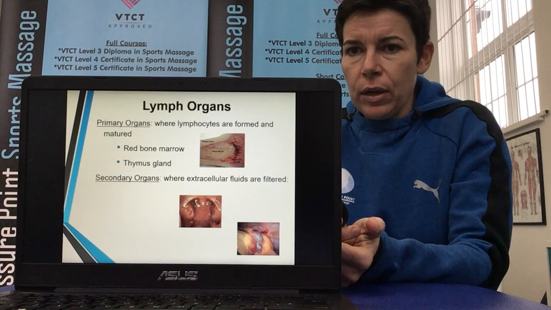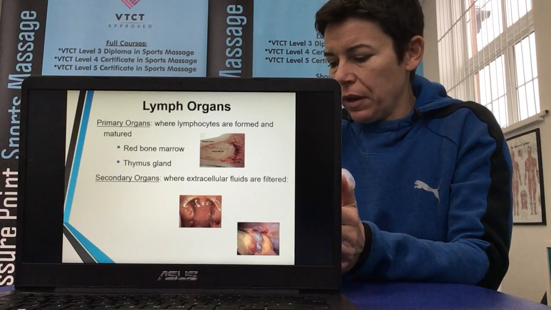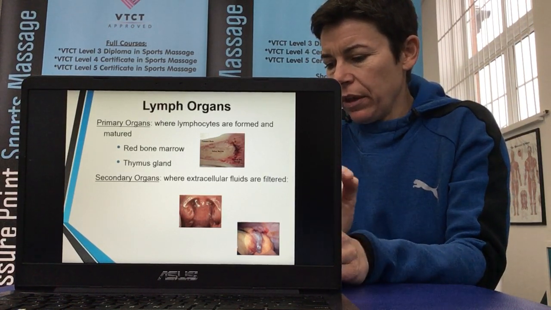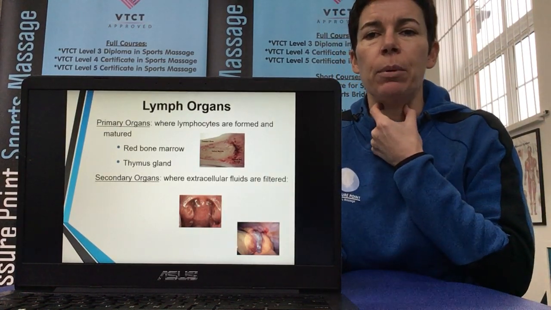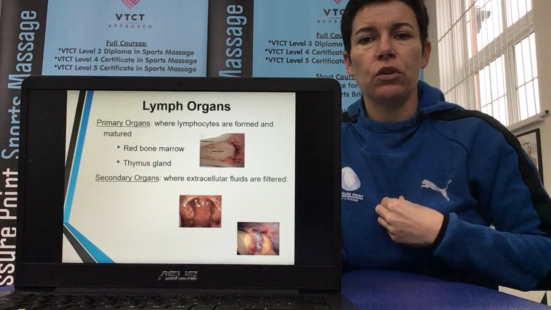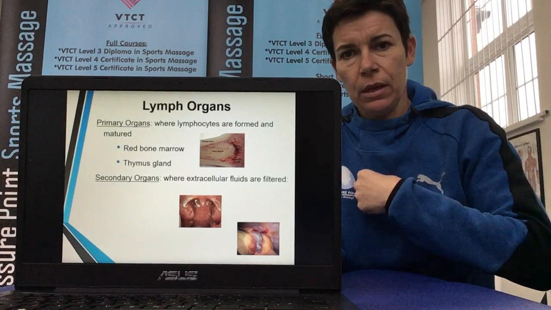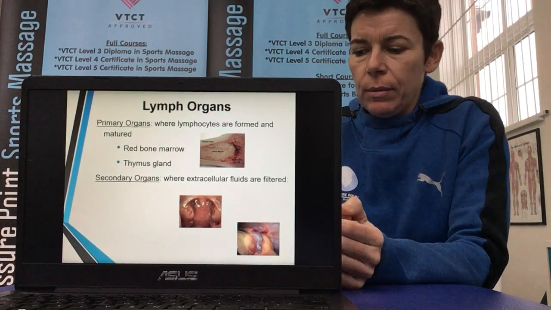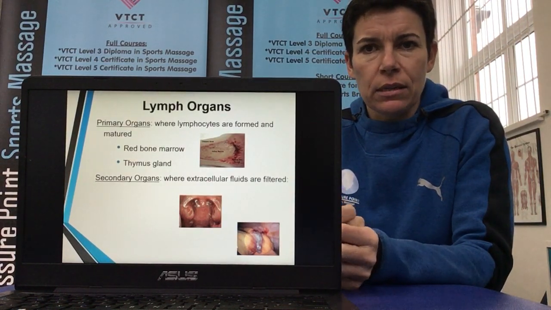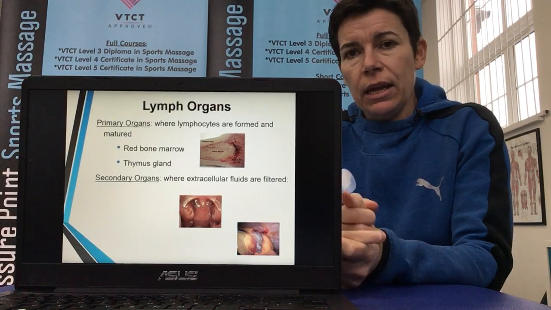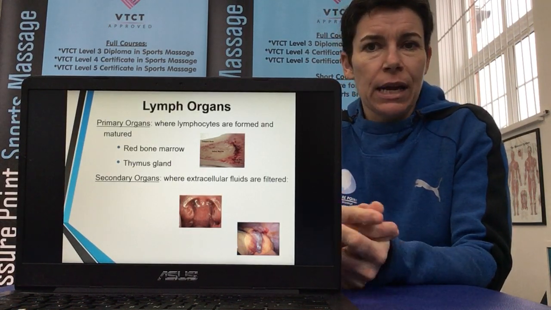And the thymus gland, so I haven't got a picture of a thymus gland, but the thymus gland is found behind your sternum. It's not thyroid, thyroid's up here. Thymus is behind your breastbone or your sternum. And the thymus gland is really active in childhood and going through adolescence, but after puberty it tends to shrink and becomes inactive.